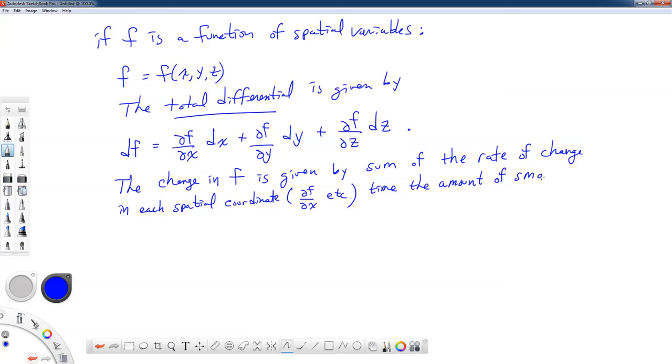Let's just write it this way. Times the amount of small distance in each direction. And this would be like the dx, the dy, and the dz.